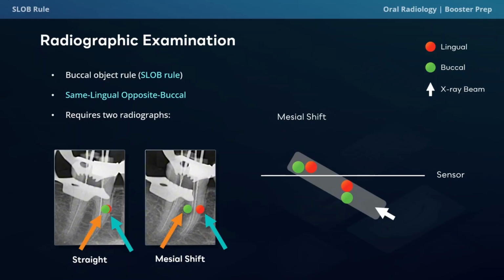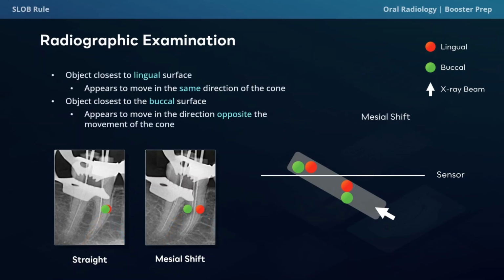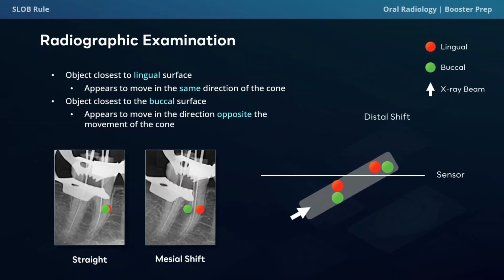So understanding this rule is valuable not only in endodontics, but also when we interpret radiographs for periodontal involvement with multi-rooted teeth, when we evaluate impacted or supernumerary teeth, and also when we identify foreign objects or anomalies. And this principle works no matter which way we shift the tube. For example, if instead of moving mesially, we shift the tube distally, the same rules apply.